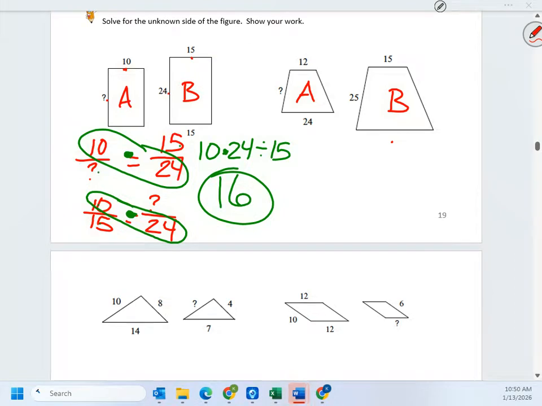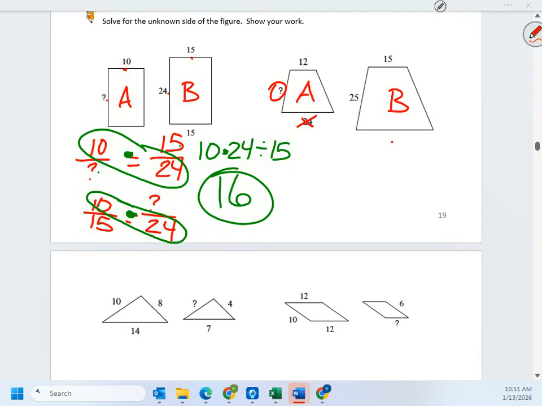I don't have to find that missing space. All I'm going to be answering is where my question mark is. So if I have an empty space here, what do you think I'm going to do to that 24? There, that's extra information. I don't need it.